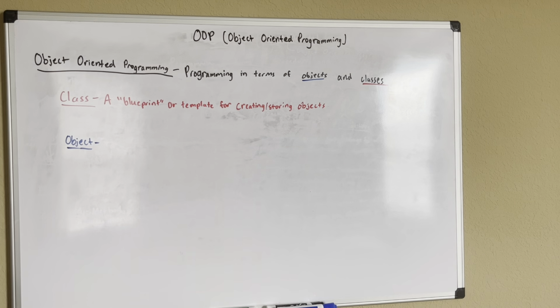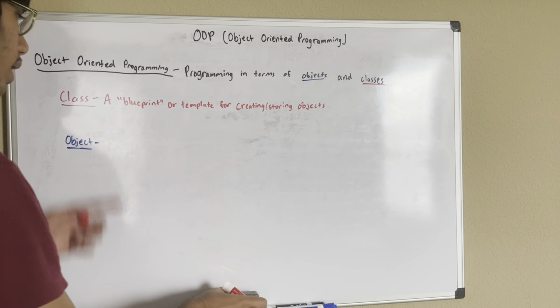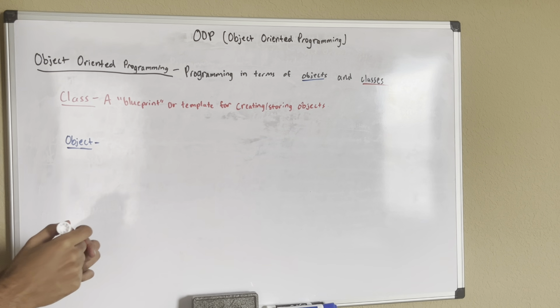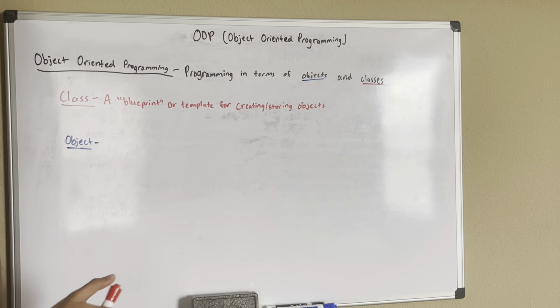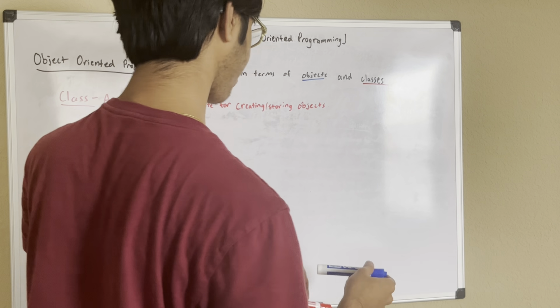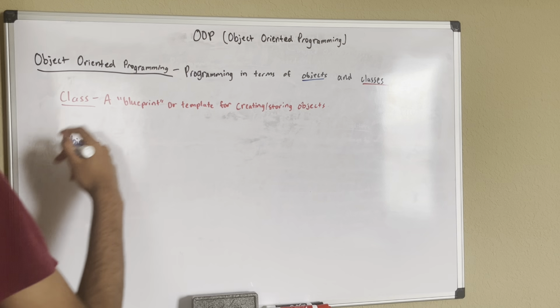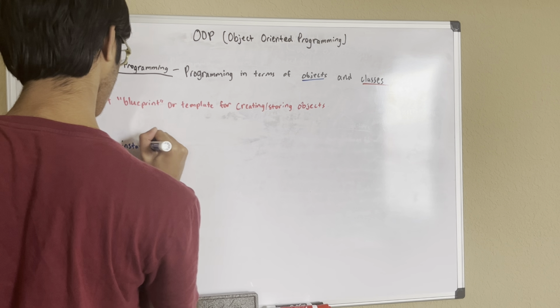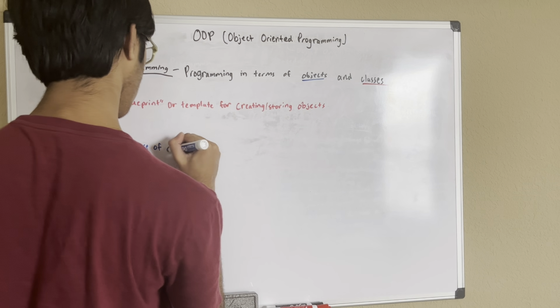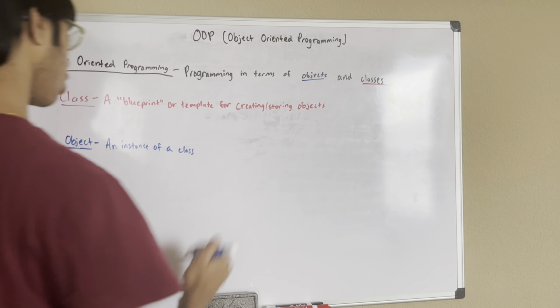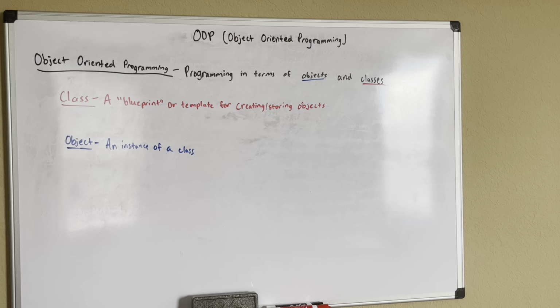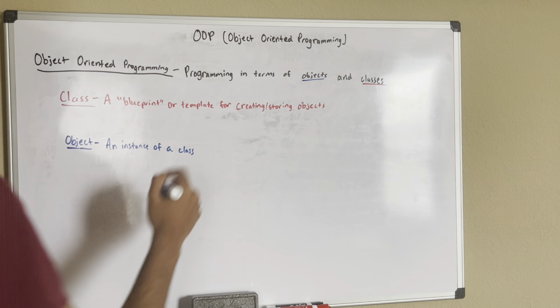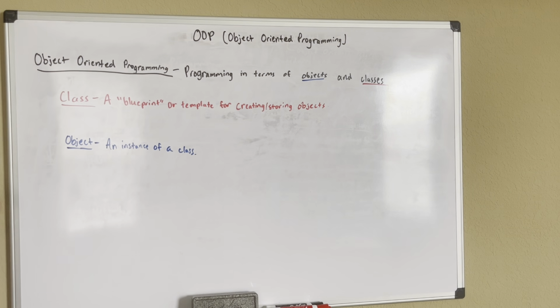That's kind of what OOP does. But yeah, that is a class, a blueprint or template for creating or storing objects. An object is an instance of a class. You're going to understand these definitions when we talk about it a little bit. So those are the two definitions.